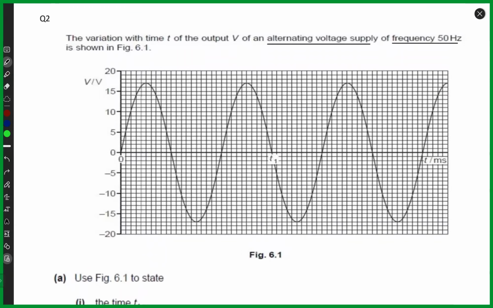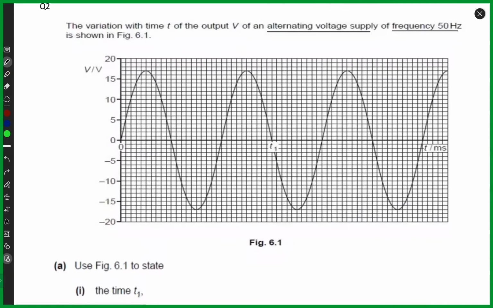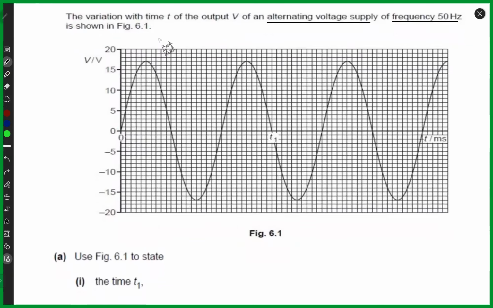Any hints? Again, the question is that we want to use this graph, which is a graph of an alternating voltage supply with a frequency of 50 Hertz, which is already specified.